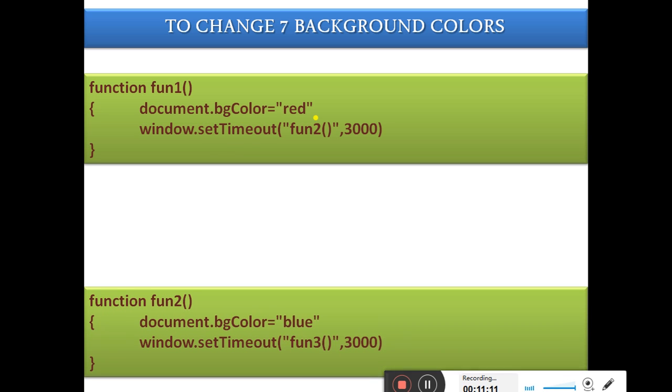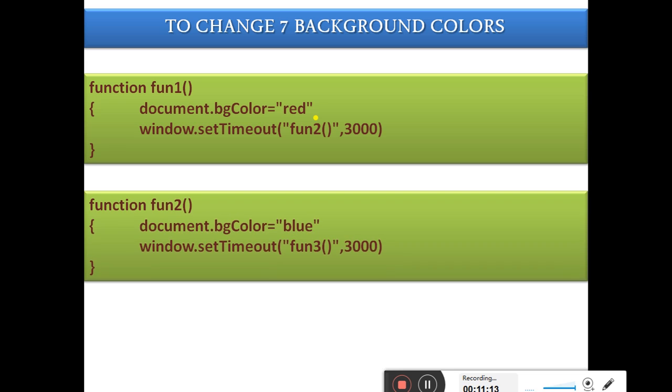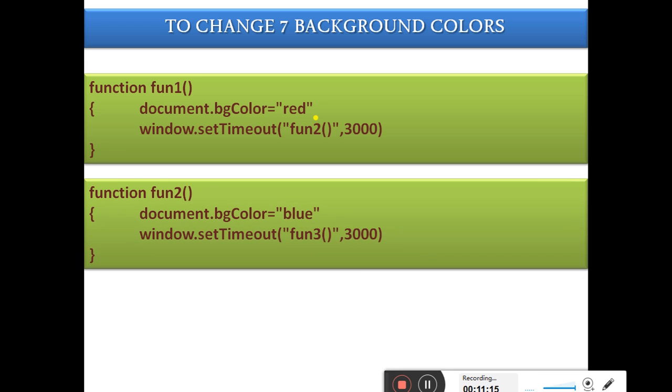The similar thing. First we change the color, white to red, then red to blue. And then after that we call another function, that is fun3, to change to a different color after 3000 milliseconds. So every 3000 milliseconds it will call a function and continue changing the colors.